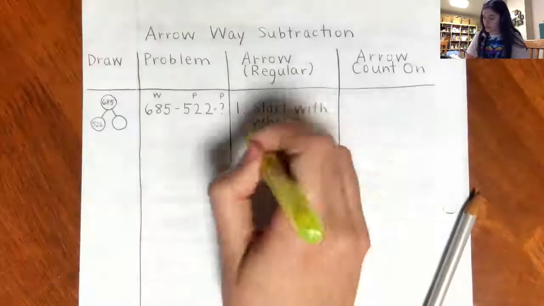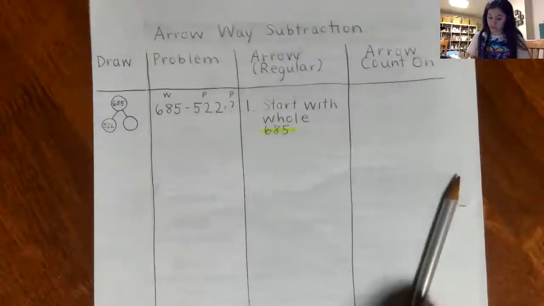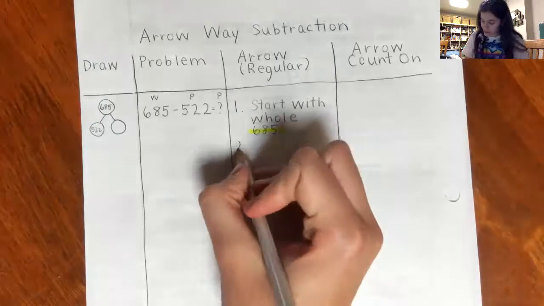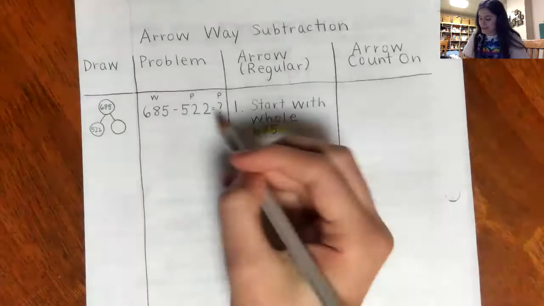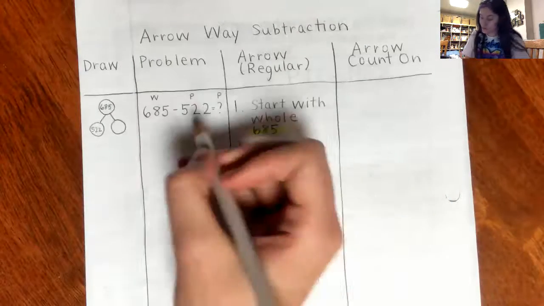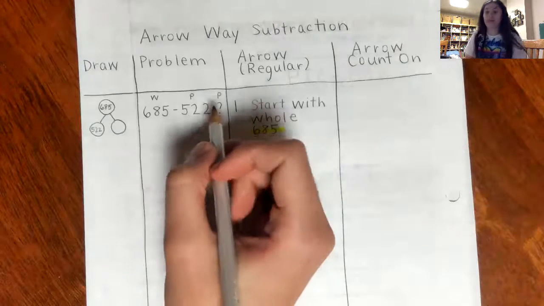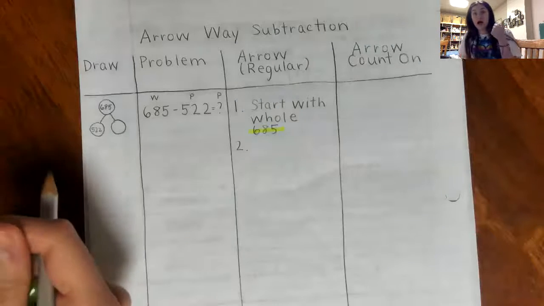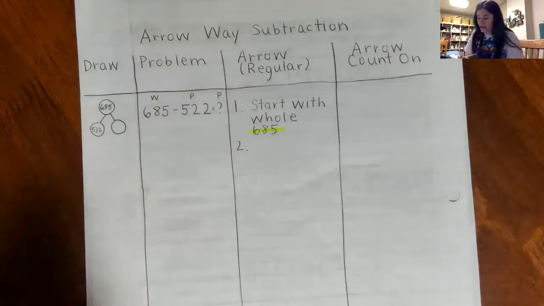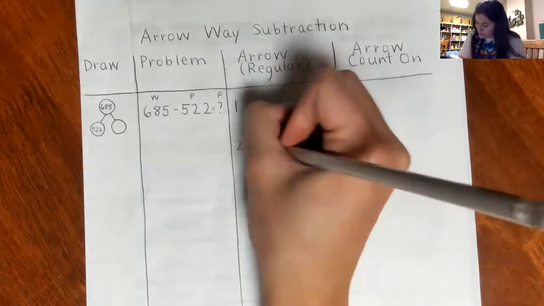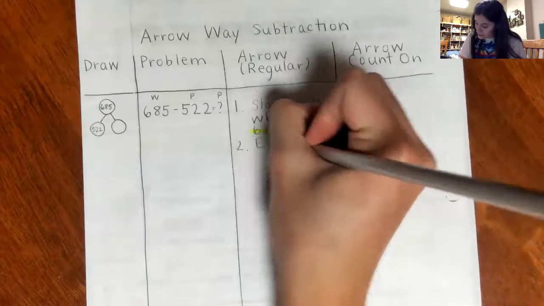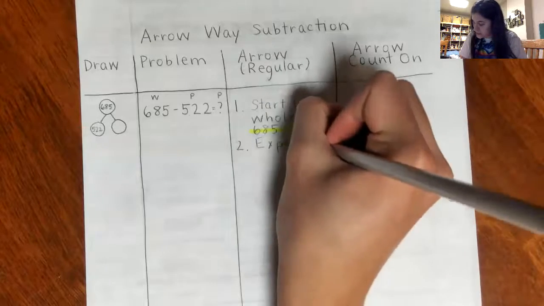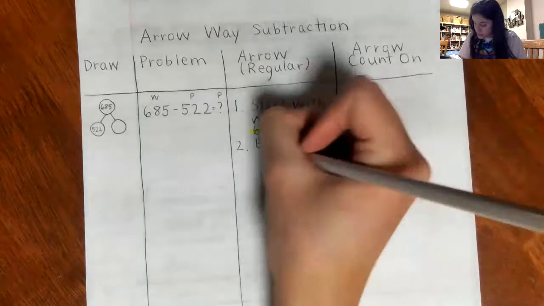That's my whole. Step 2, when we do arrow-way, just the regular arrow-way, I want you now to think, let me expand my second number, because when I do arrow-way, I want to think about my second number in terms of hundreds, tens, and ones, okay? So I want you to think about expanding this number, and when I say expand, I mean break it up into hundreds, tens, and ones, okay?